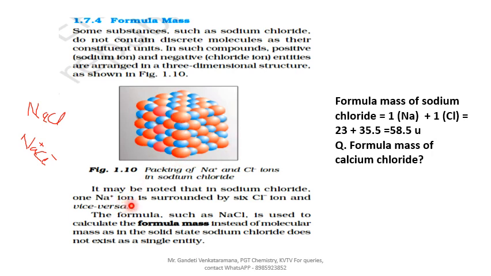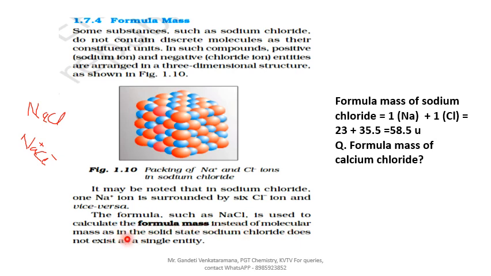It may be noted that in sodium chloride, one Na plus ion is surrounded by 6 Cl minus ions and vice versa. One Cl minus is surrounded by 6 Na plus ions. Clear?